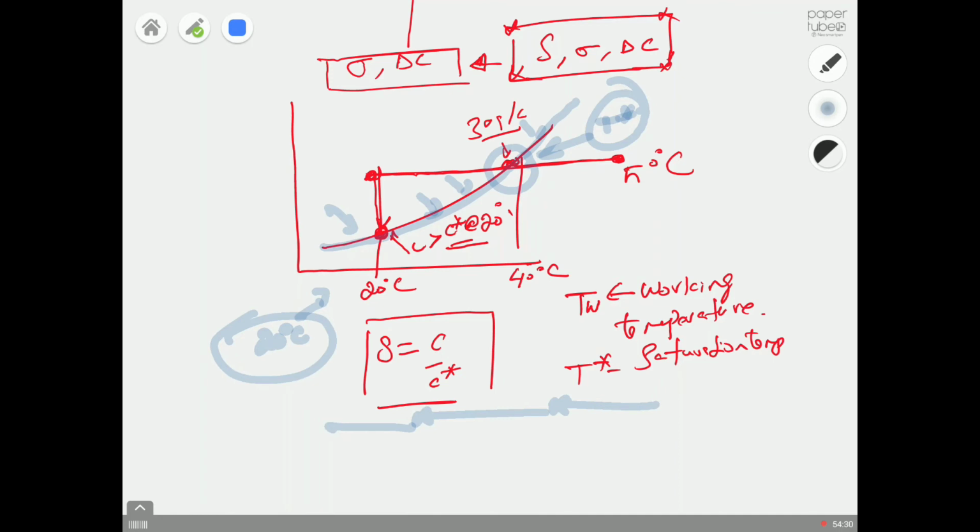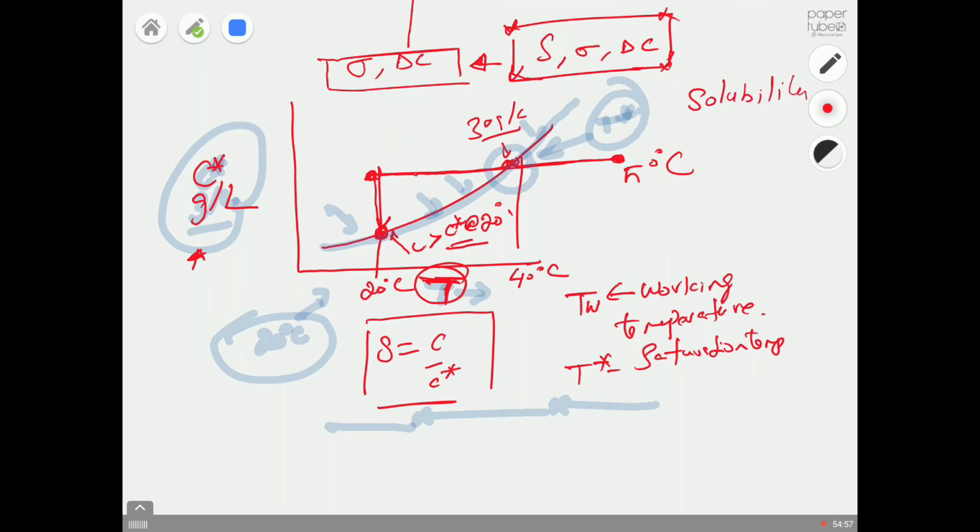You have your solubility concentration in grams per liter on the y-axis, and on the x-axis you have your temperature. What you see from this graph is that your solubility increases with temperature.